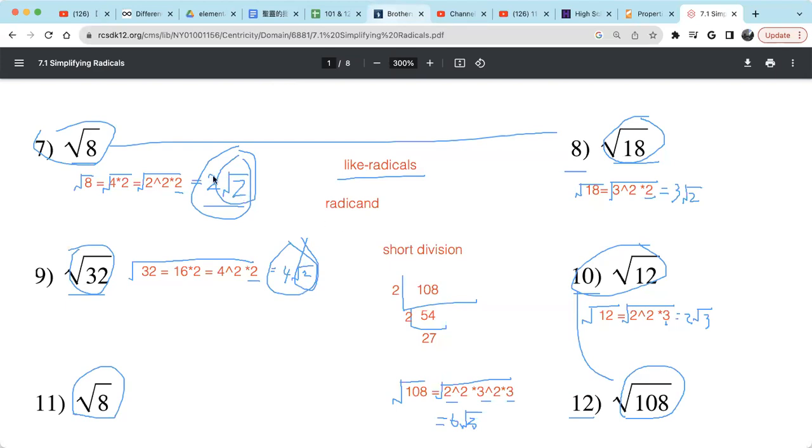You see in this, 2 square root 2 and 4 square root 2 are like radicals. So square root of 8 and square root of 32 are like radicals. Why? Because square root of 8 is 2 radical 2 and square root of 32 is 4 radical 2. If we add those two numbers, we get 6 radical 2.